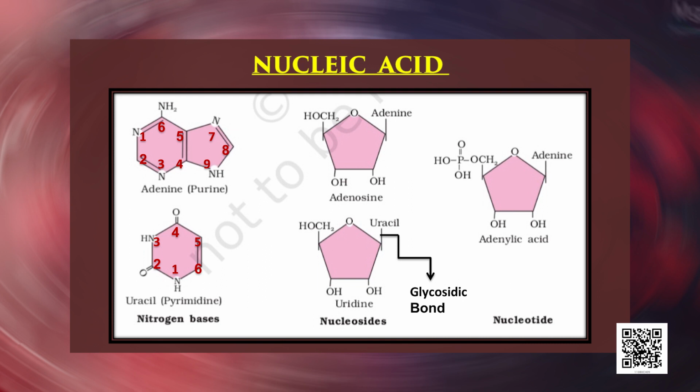Nitrogen base is linked with ribose sugar through glycosidic bond. When nucleoside joins with phosphoric acid, they form nucleotides. For nucleotides, suffix -ilic acid is used. Nucleotides join with the help of phosphodiester bonds to form nucleic acids.